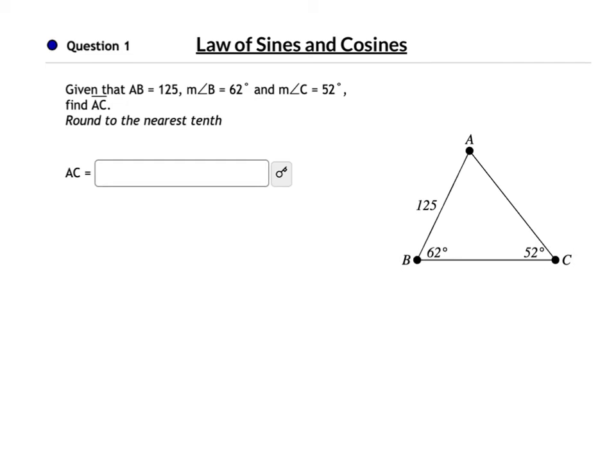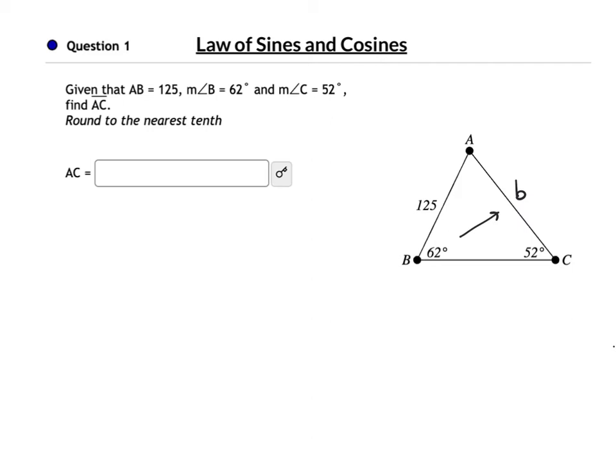Question 1. Given that AB is 125, that angle B is 62 degrees, angle C is 52 degrees, find AC. Let's call that little b because it's opposite B. Remember those three situations. Law of sines, about opposites.